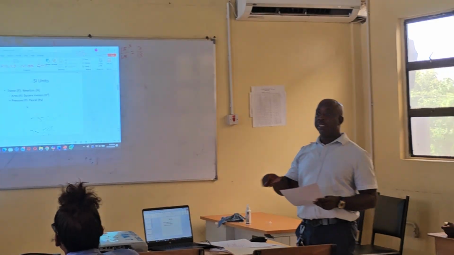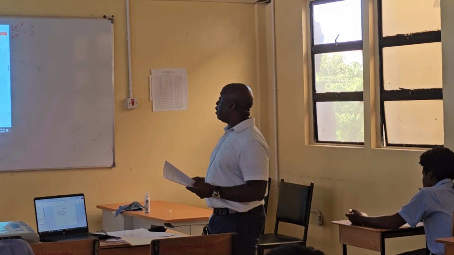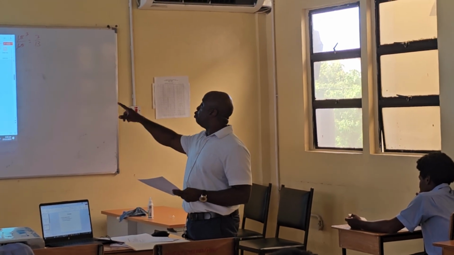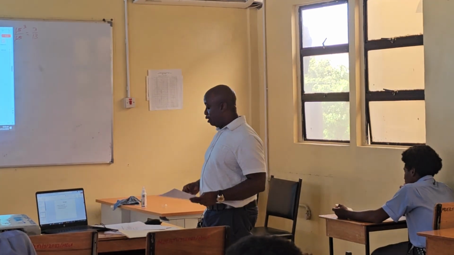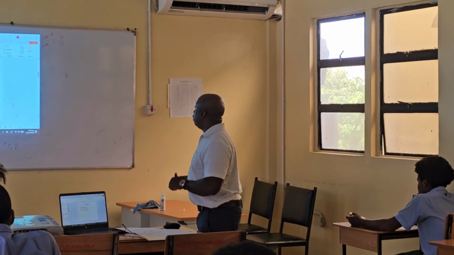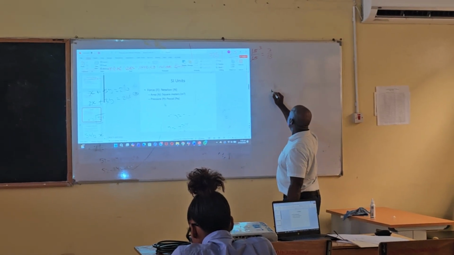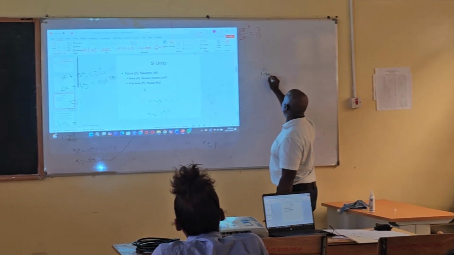Note how square meters is written as m squared. We said pressure is equal to force divided by area. Now how is it that pressure is measured in Pascal? Therefore, Pascal is equal to what?